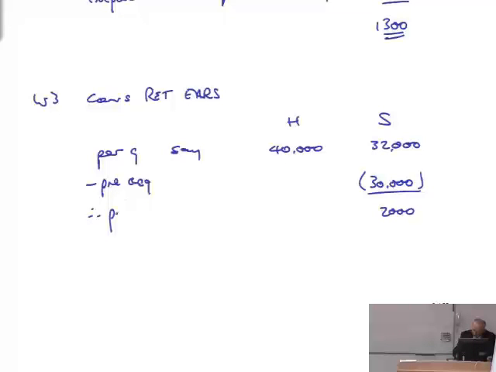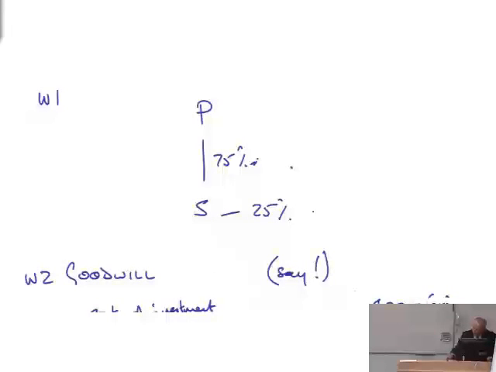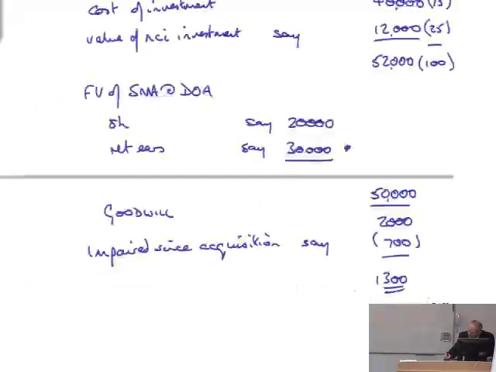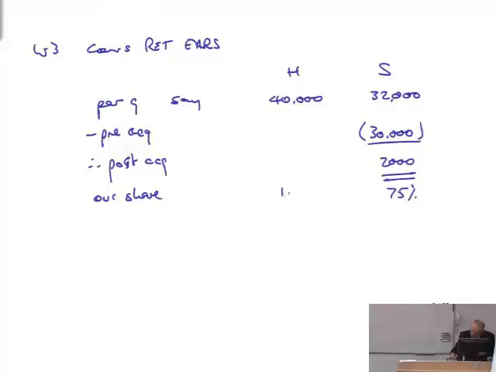Therefore post-ac, and our share is 75%. According to working one, according to the structure, our share is 75%. 75% of 2,000 is 1,500.